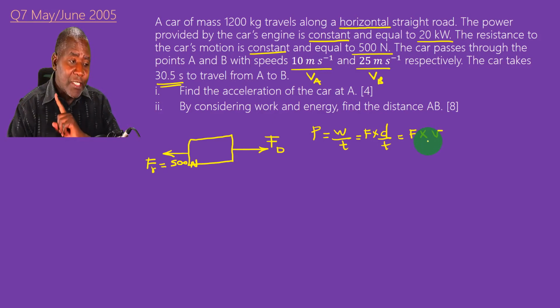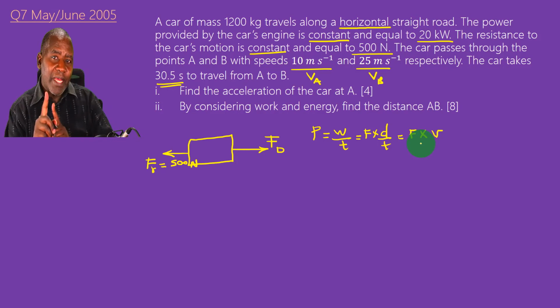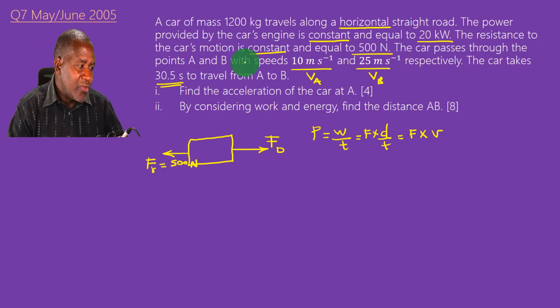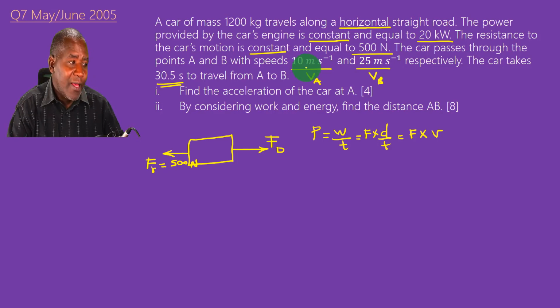Number one is when the speed of the car or the speed of the object is uniform throughout, so we can get the driving force. But when the speed is not uniform, then we will use it at a particular instant of time. For example, the speed at point A is 10 meters per second, and the speed at point B is 25 meters per second. That means that the driving force here and the driving force here, they are different.